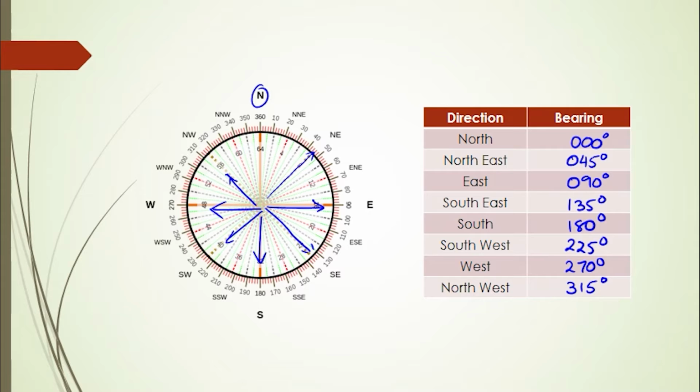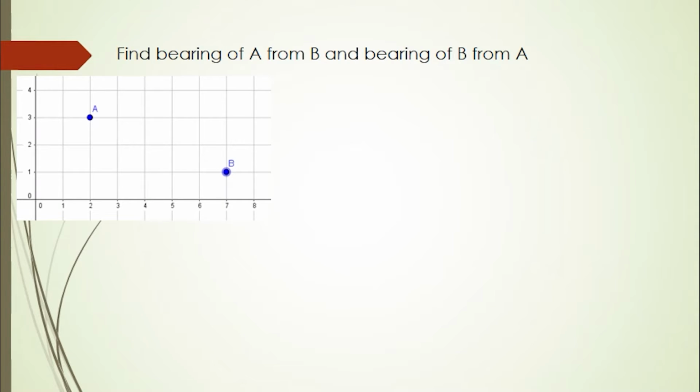Okay, let's have a look at a couple of problems and see how bearings come into play. What you'll notice is that in this slide I've asked you to find the bearing of A from B and the bearing of B from A. First, I'm going to split this up into two things. Bearing of A from B: we've got A there and B there.